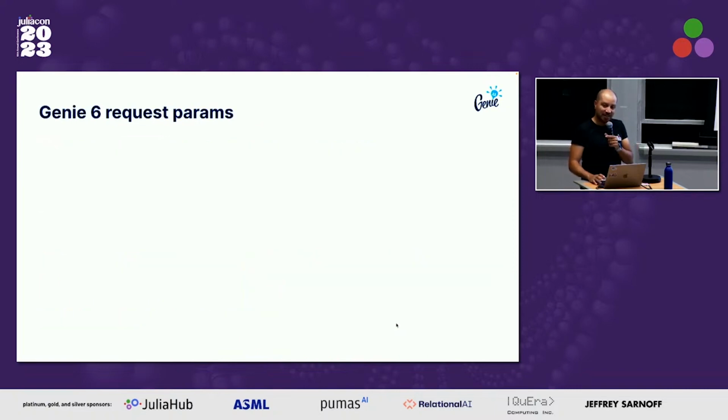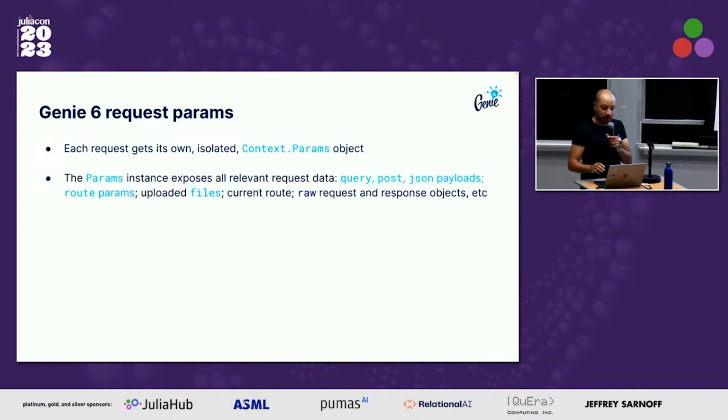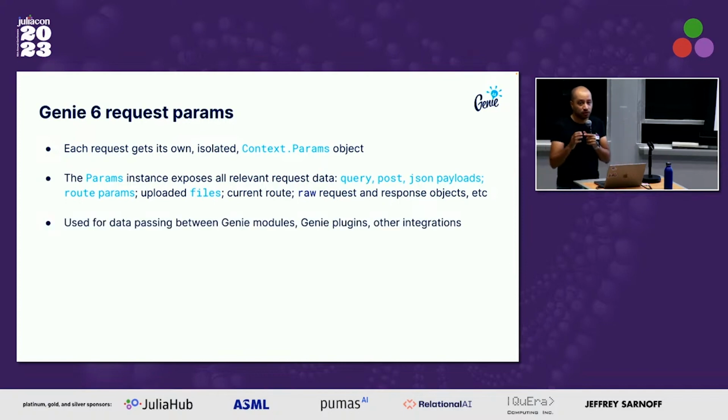And so in Genie 6, we have revamped the request object. Now, each request will get its own isolated context.params object, and this object will expose all the relevant request data, such as the query, the payloads, the files, routing information, etc. This params object will be used to transfer information around the Genie app between modules, plugins, and many other integrations.